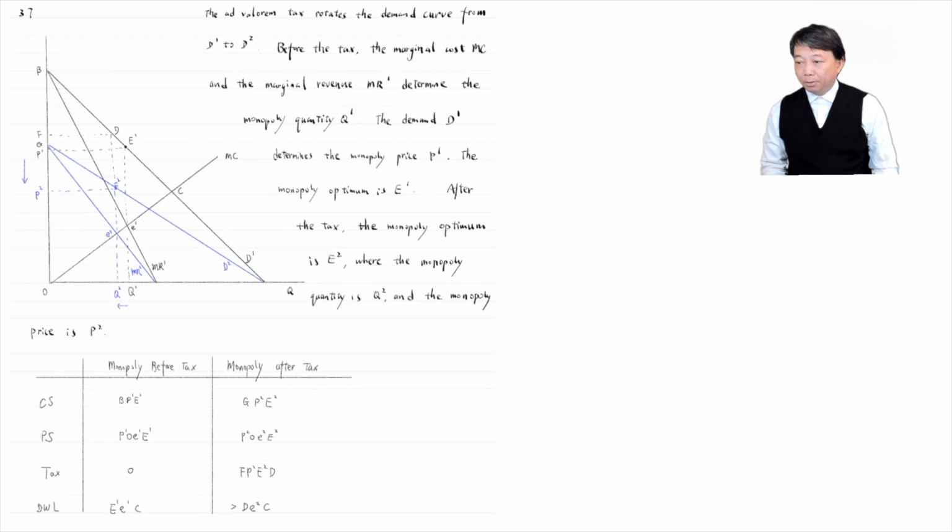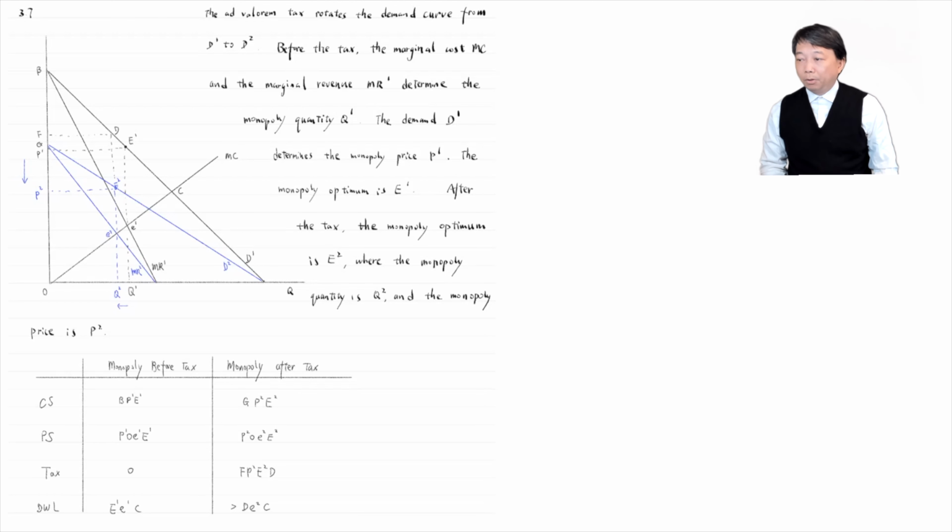The after-tax consumer surplus is the triangle GP2E2. It drops. The before-tax producer surplus is the rectangle P1 O E1 E1. The after-tax producer surplus is the rectangle P2 O E2 E2. It also decreases.